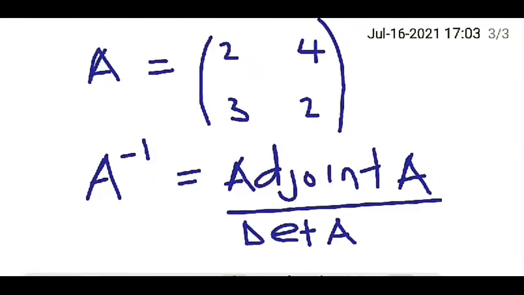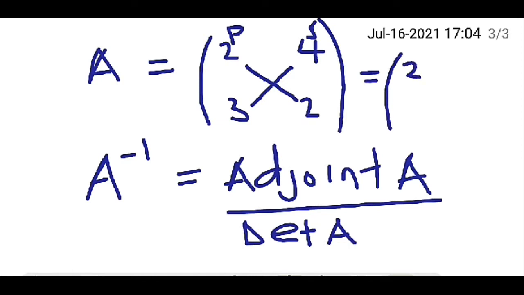The adjoint of a matrix: you pair the elements diagonally. The leading diagonal, you change the positions, and then the minor diagonal, you change the signs. So when you change the positions, you get the adjoint as 2.